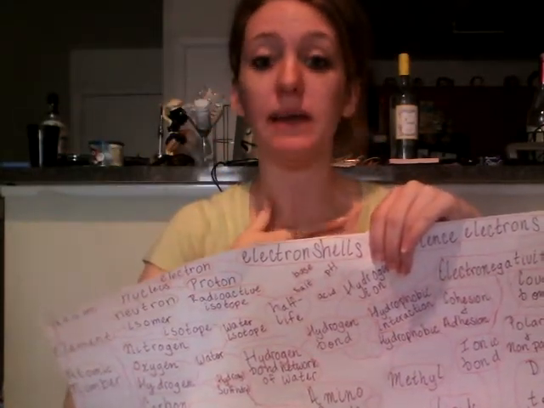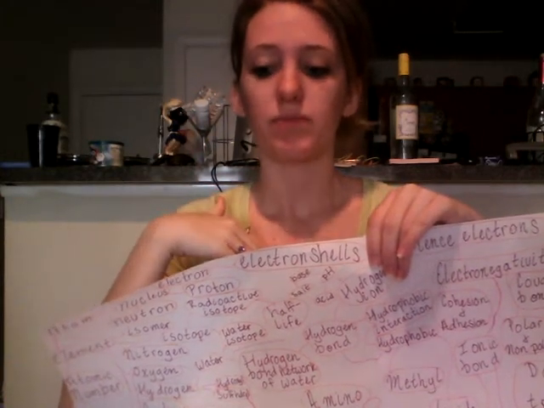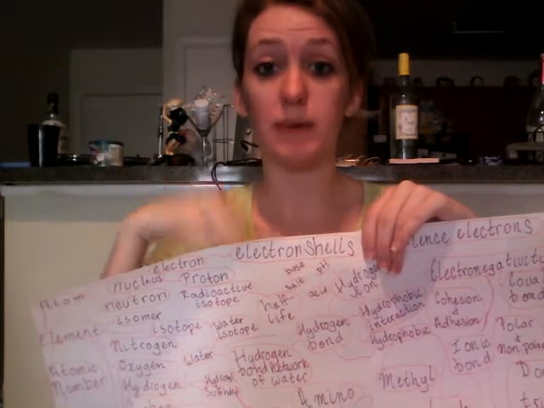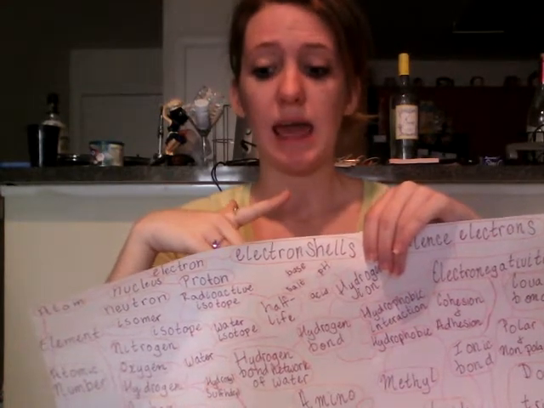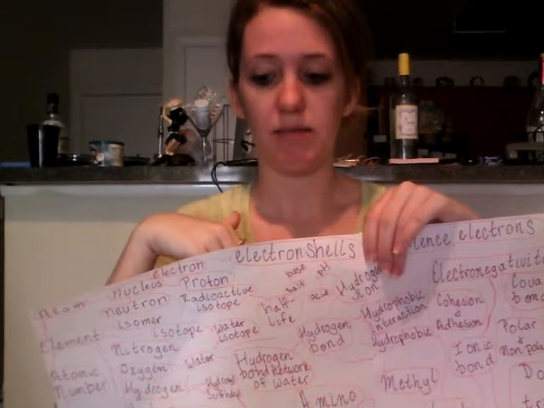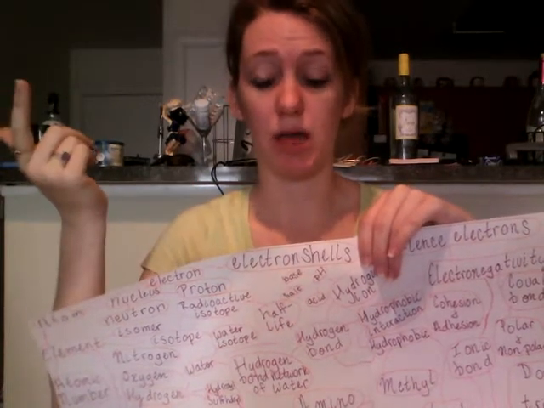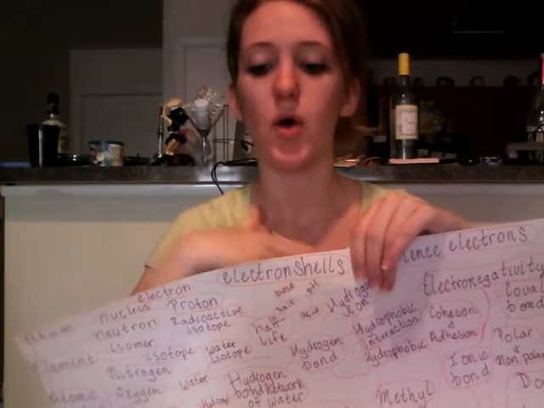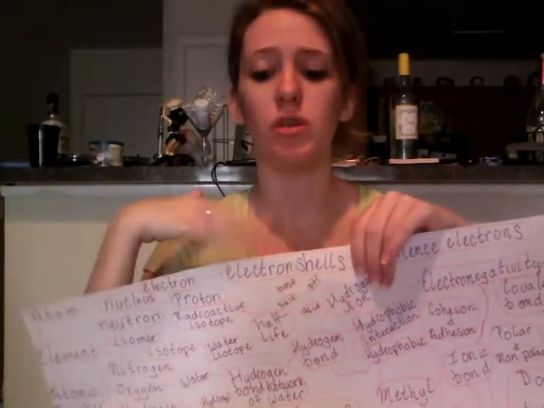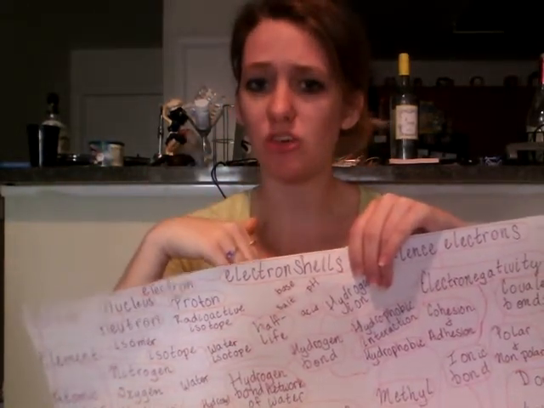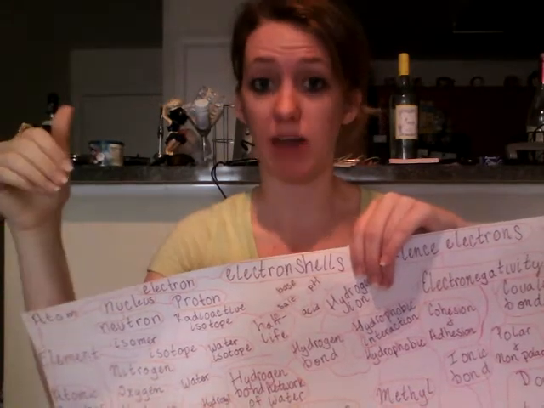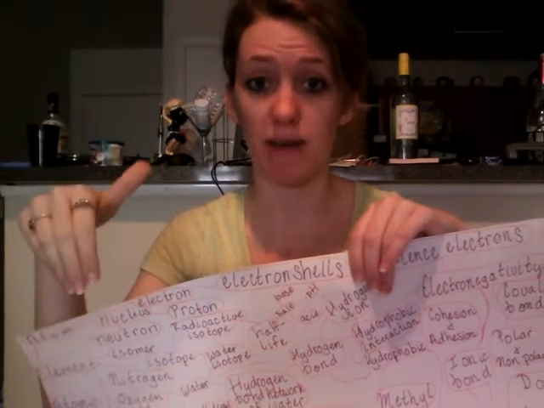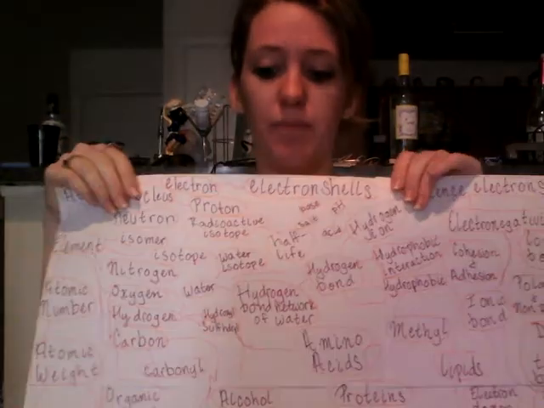Acids have a pH lower than 7 and a higher amount of hydrogen ions in the solution. Bases have a pH higher than 7 and a lower amount of hydrogen ions.